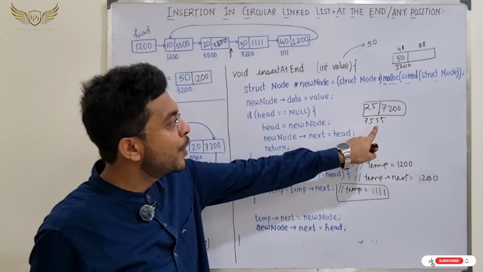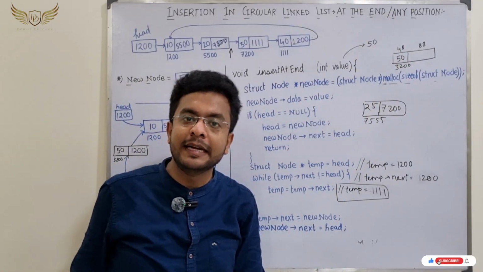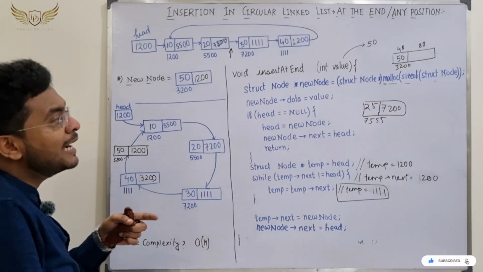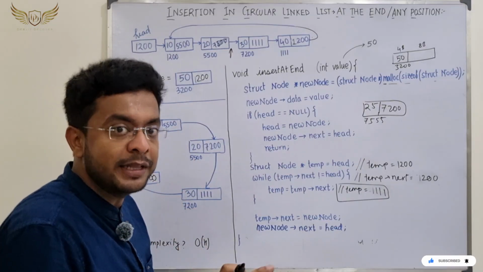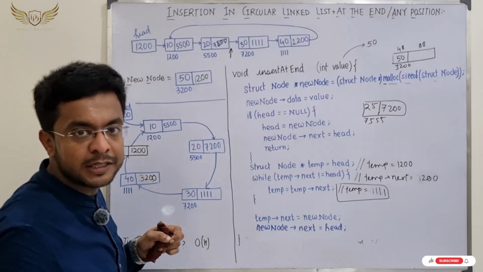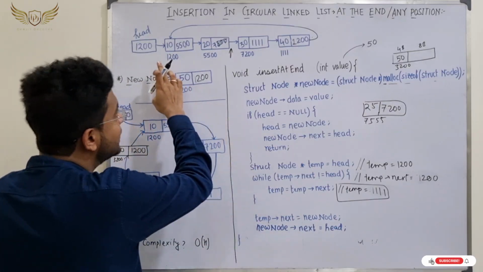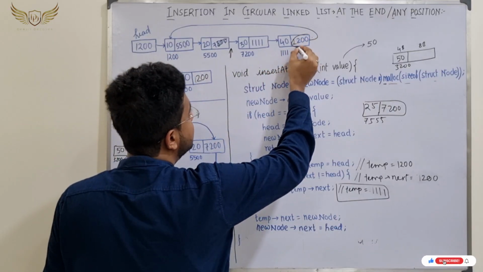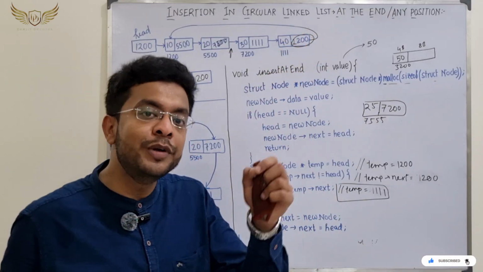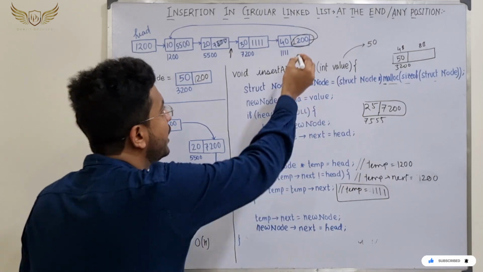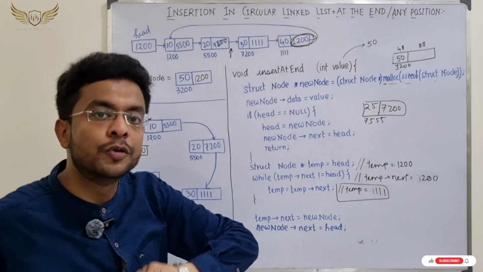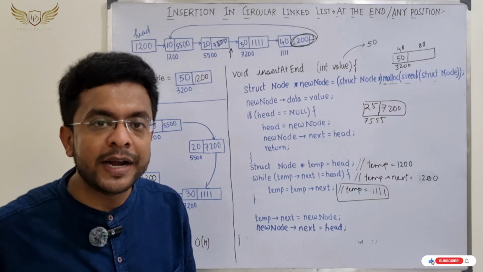Now, why am I not making a separate video for inserting at the middle or inserting at any position? Because if you see, for inserting at the beginning, you need to push it here somewhere, just like you have seen in the last video. And there is some connection with this part for inserting at the beginning, because we have seen why we need to traverse to the end. If we are inserting something at the beginning, this pointer, or this address, should also be modified.